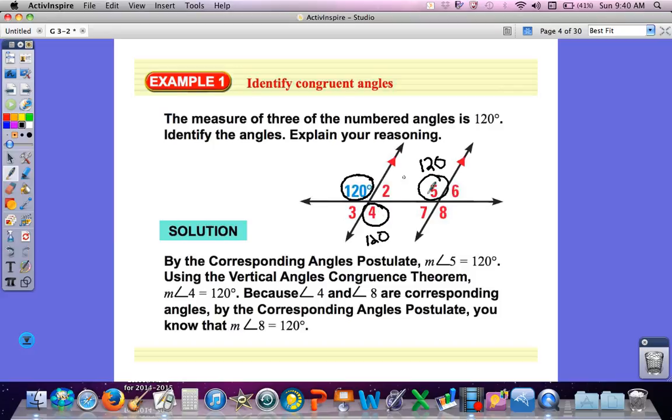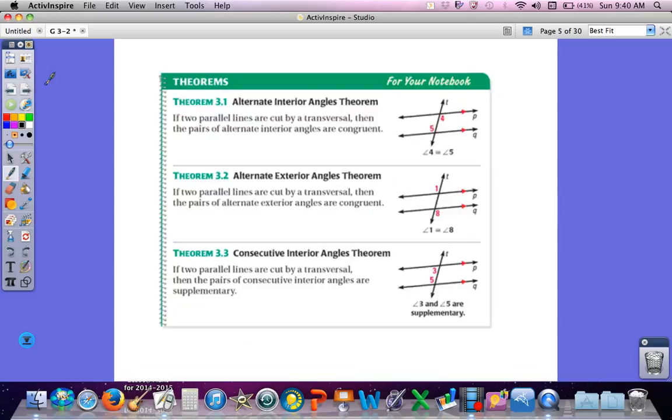And this is where proofs get a little confusing, because if I proved that 4 was equal to 120 because 4 and angle 1 are vertical angles, or if I proved that 4 and 5 have an equal measure because of the alternate interior angle theorem, either option would be correct proof.